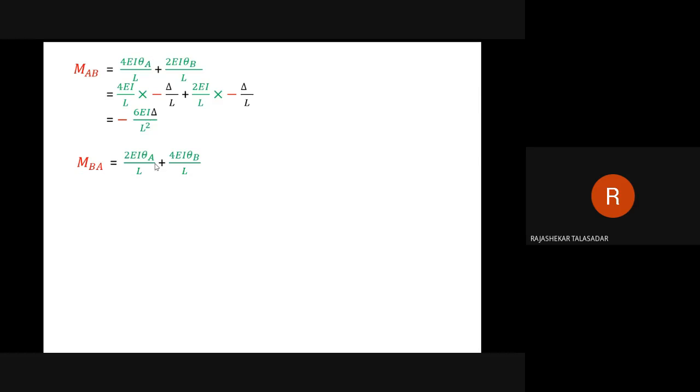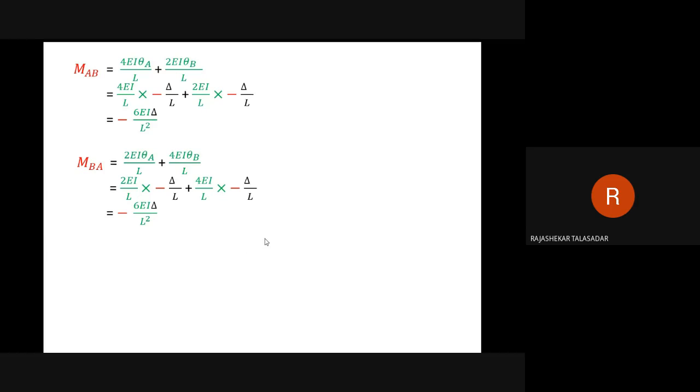It is 4 EI by L theta B plus 2 EI by L theta A. Again, substituting the values of theta A and theta B, same expressions, so you will again get minus 6 EI delta by L square. What are these now? MAB is minus 6 EI delta by L square. Similarly, MBA is also minus 6 EI delta by L square. These are the end moments due to what? Settlement.